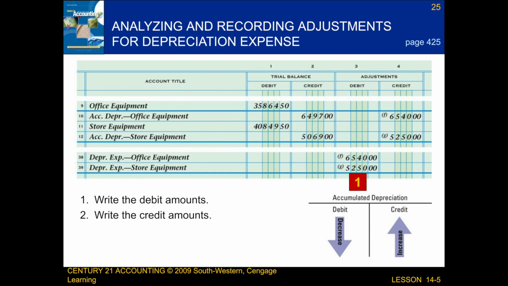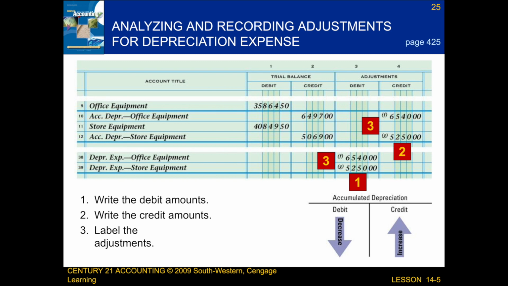Next, we write the credit amounts in the adjustments credit column. And finally, we label the two parts of these adjustments with a small letter F and a small letter G in parentheses.